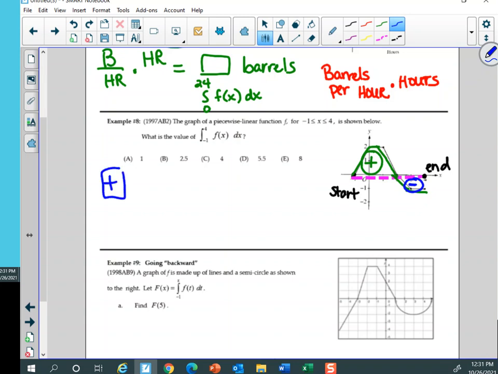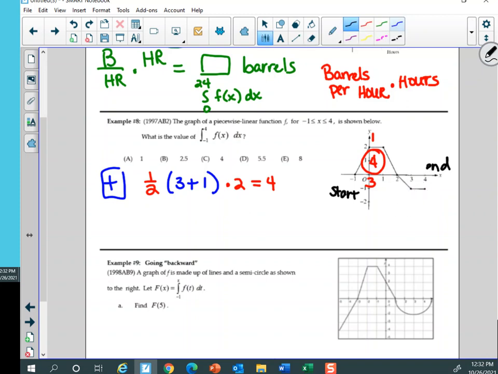When I look at this positive part, I see a trapezoid that is 3 units across one base and 1 unit across the second base. If I take some of my drawing out of here, you can see there's 3 units, that's 1 unit. So a half times the sum of the bases times a height of 2. That's an area of 4.